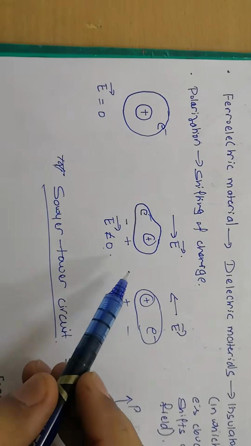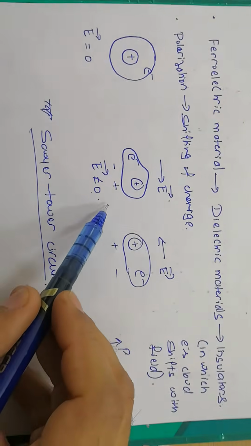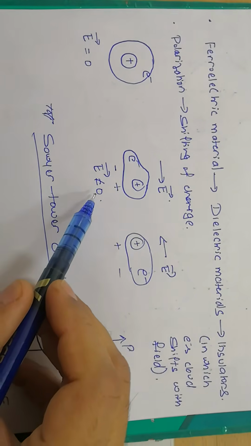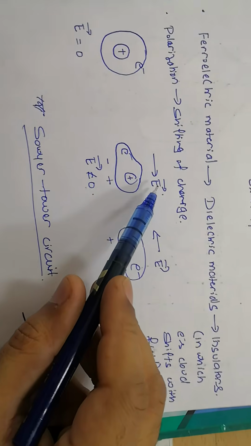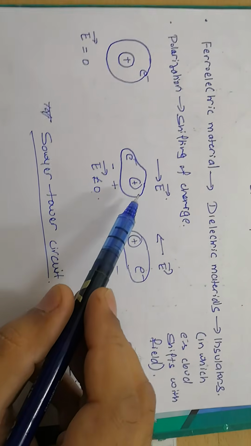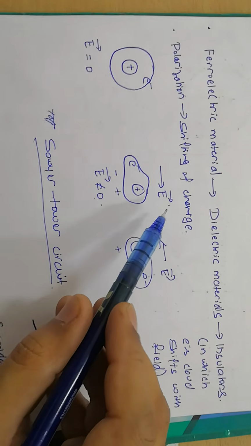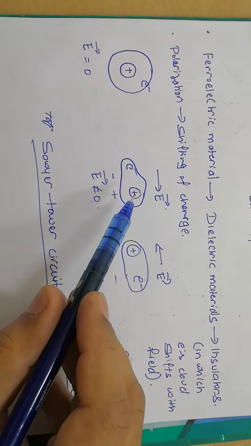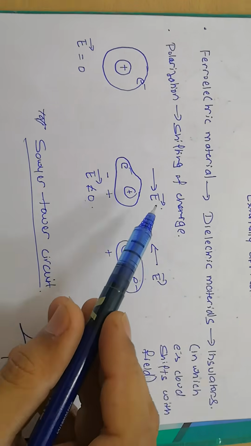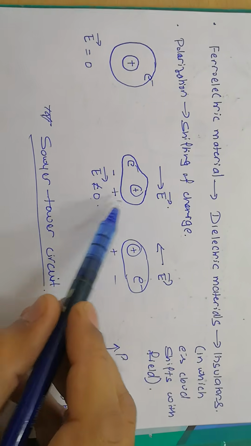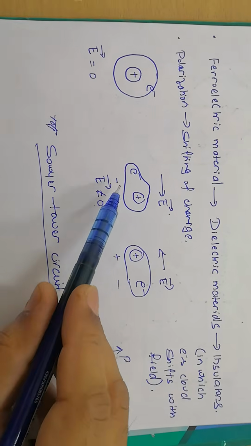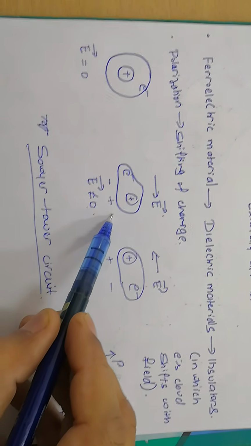Now if I apply an electric field, I am considering a case in which the externally applied electric field is not equal to 0. In that case, the electric field forces the positive charge in its direction and pushes the negative charge in the direction opposite to that of the electric field. So there will be a net displacement of charge, and this net displacement of charge represents the polarization.